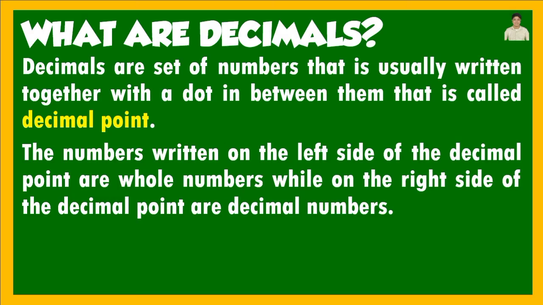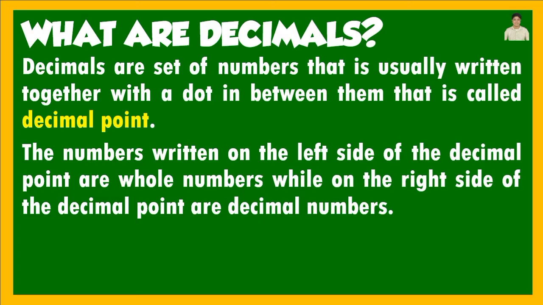Since yung decimal point ay nasa gitna ng dalawang numbers, yung numbers na nakasulat sa kaliwang portion ng ating decimal point ay mga whole numbers. And then yung nasa kanan naman ng decimal point natin ay yung mga decimal numbers.